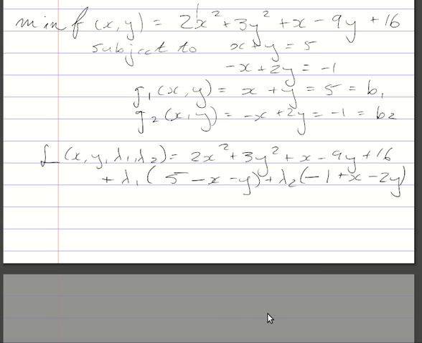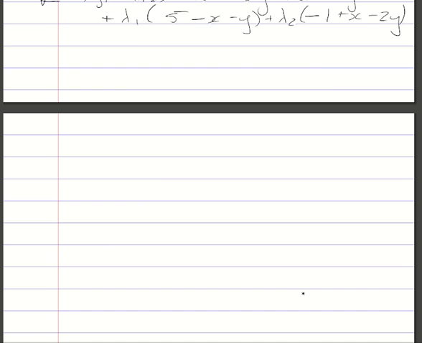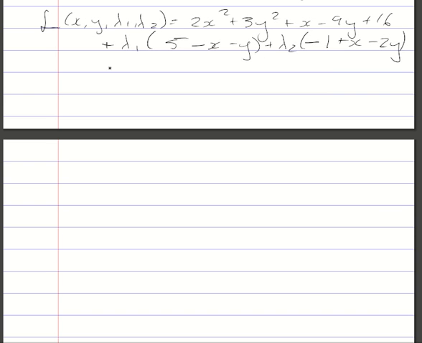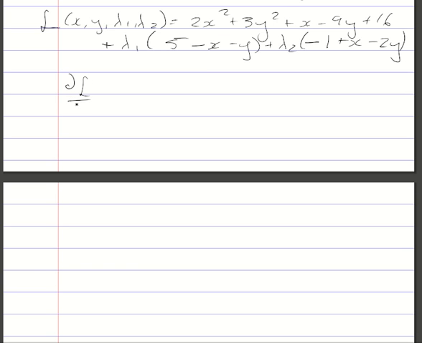Now, to get the solution to this problem, we just need to get the partial derivatives of this function and set them equal to 0. So first one, dL/dx is easy, it's just 4x plus 1, and there's an x term in the lambda 1 term with a minus in front, so it'll be minus lambda 1 and plus lambda 2.